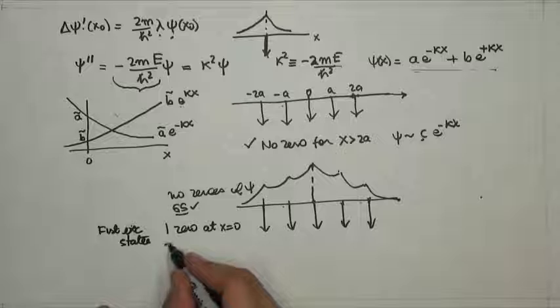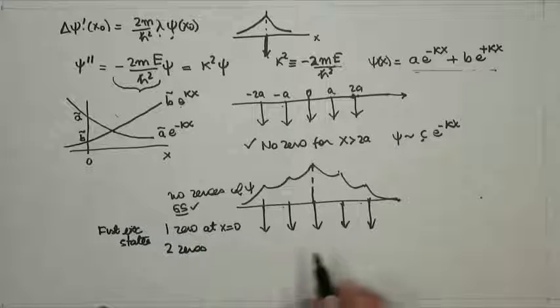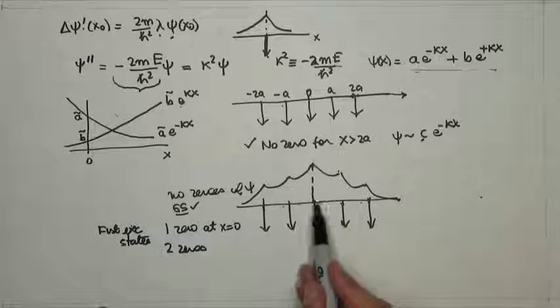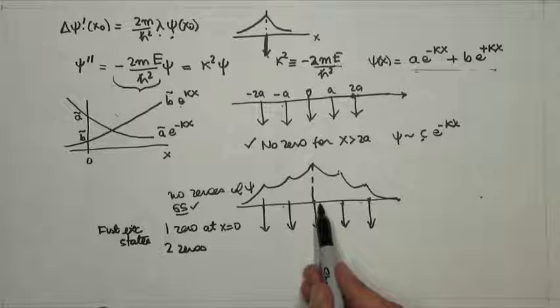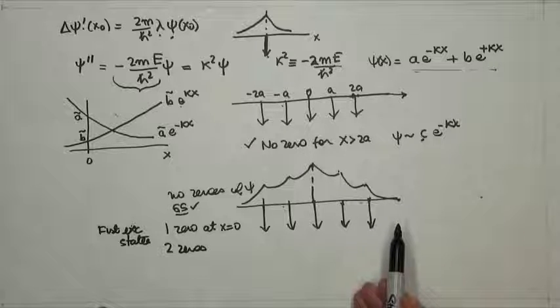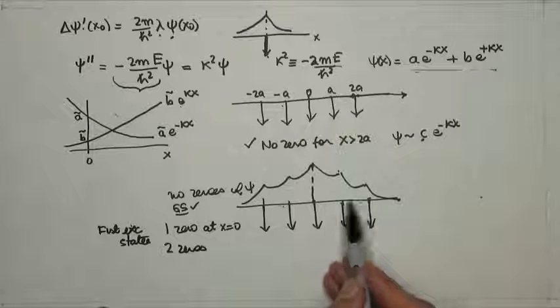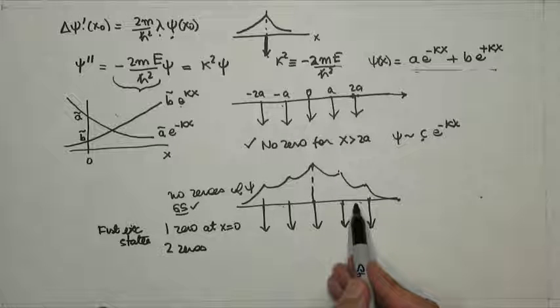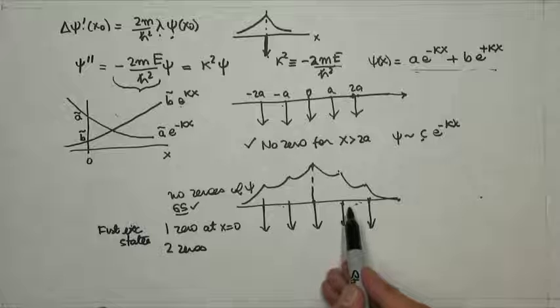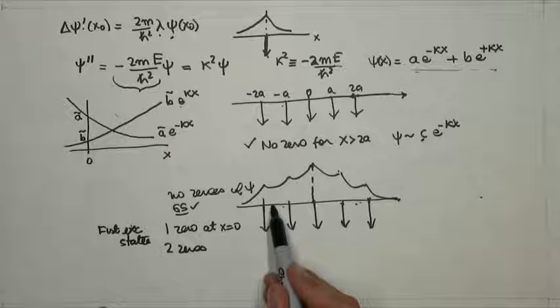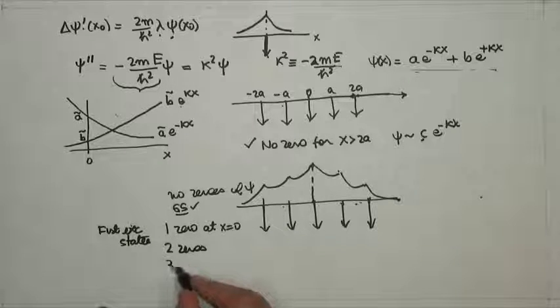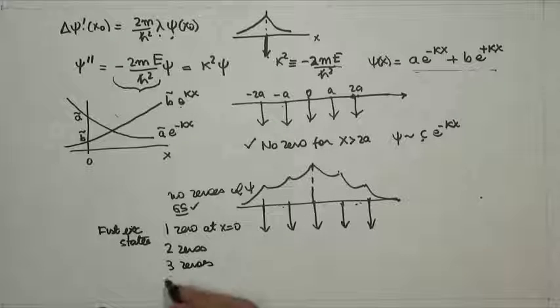Then you could have two zeros, and those could happen any place that is symmetric. Then you could have three zeros. It would be another antisymmetric one, one zero here and two zeros somewhere in a symmetric way. And even four zeros is a possibility.